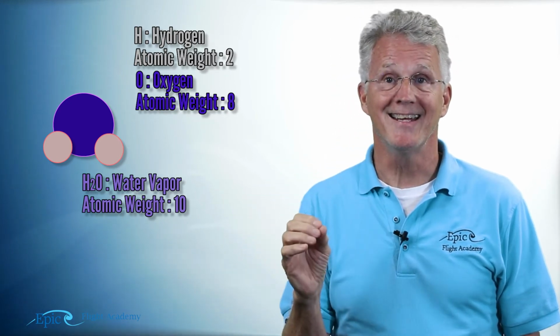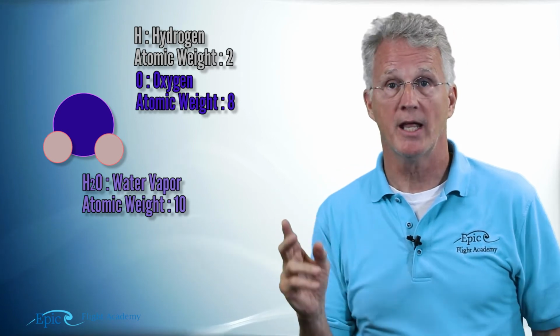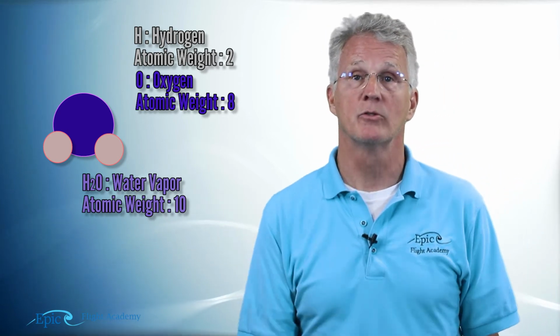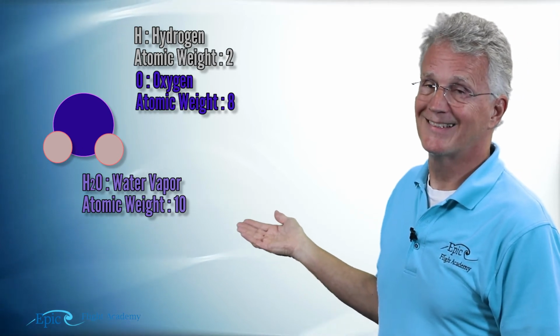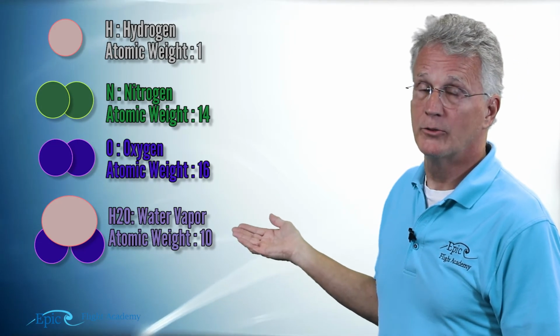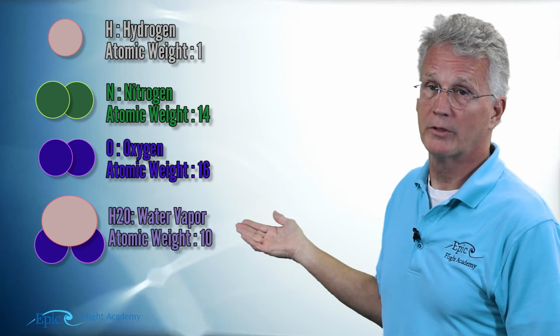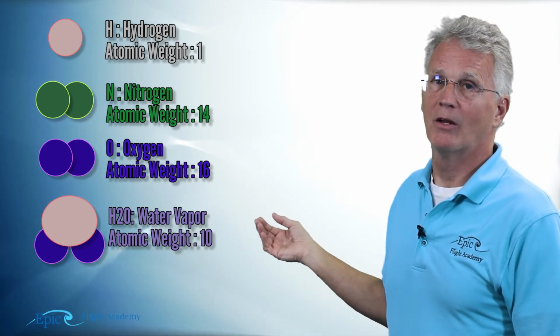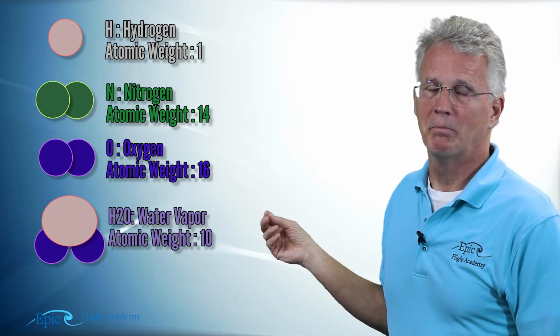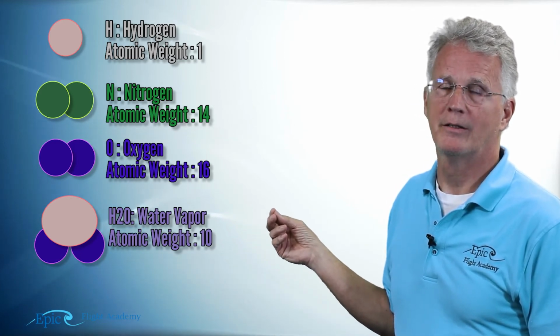O is 8, there's only one of those, that's 8. What's 8 plus 2? 10. So, coming to our final diagram here, we see nitrogen with a mass of 14, oxygen with a mass of 16, and water vapor with a mass of 10.